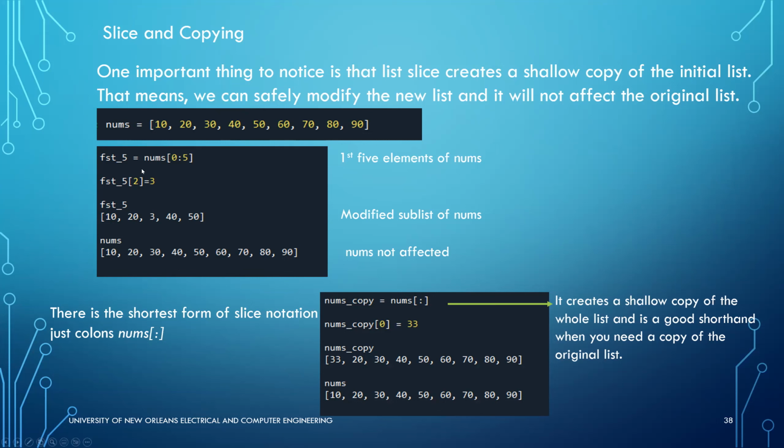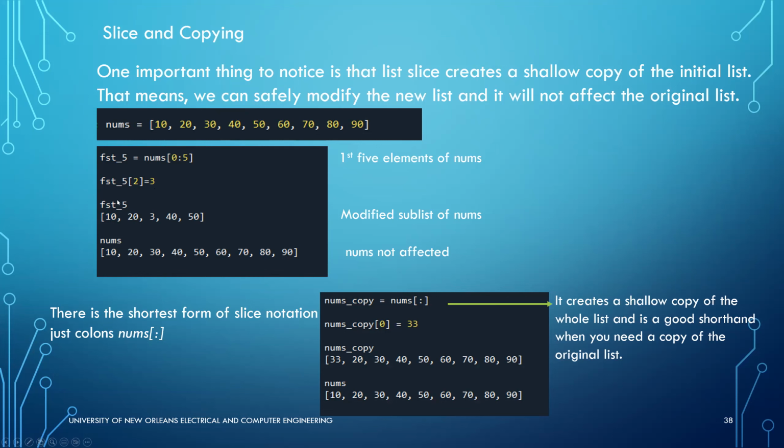And what it's simply doing is extracting from nums the elements starting at index 0, up to element 5, which in this case will go 0, 1, 2, 3, 4, 5. But as you know by now, this 5th element is not going to be included, but this one will be, 50. So what this is simply doing is extracting from nums the elements from 10 to 50, which is what you see here, right?